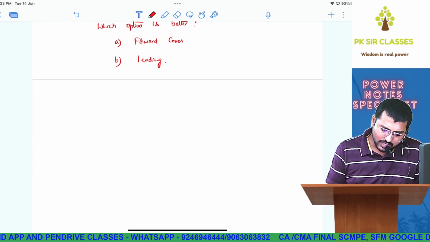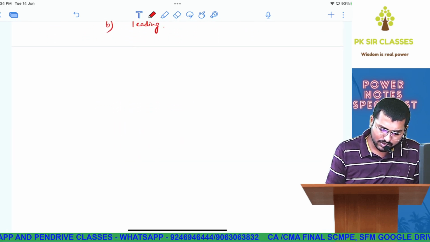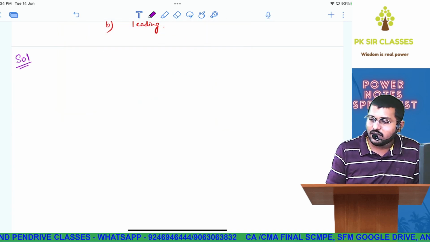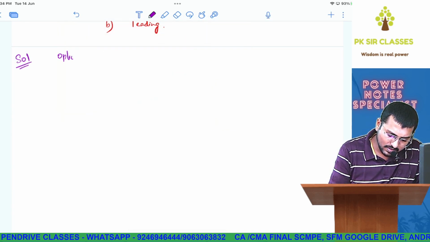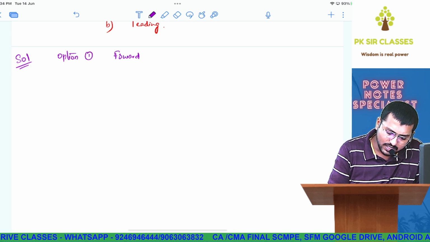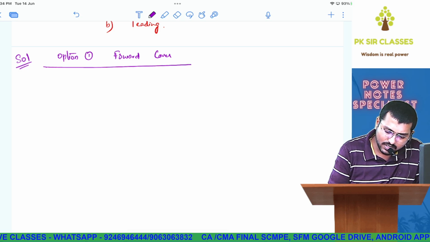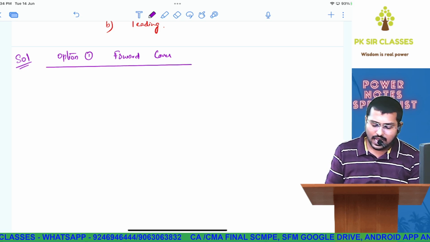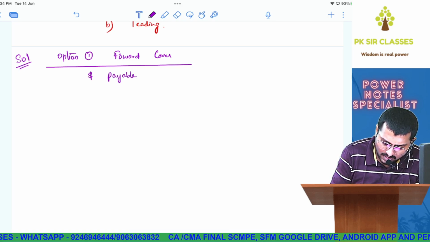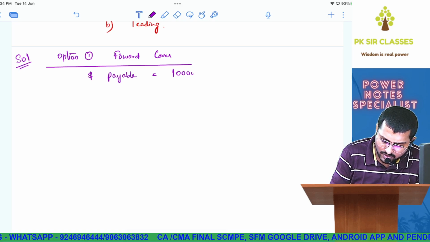So let's start with that first when it comes to the solution. What is option 1? Option 1 is forward cover. We have to pay dollars, right? How much is dollars payable? In our example, we need to pay 100,000.